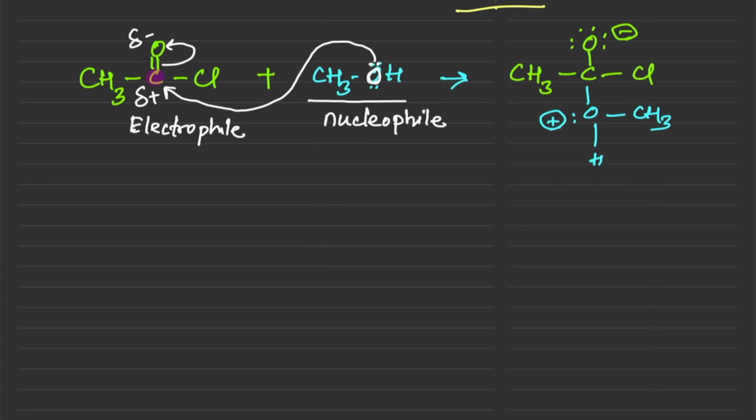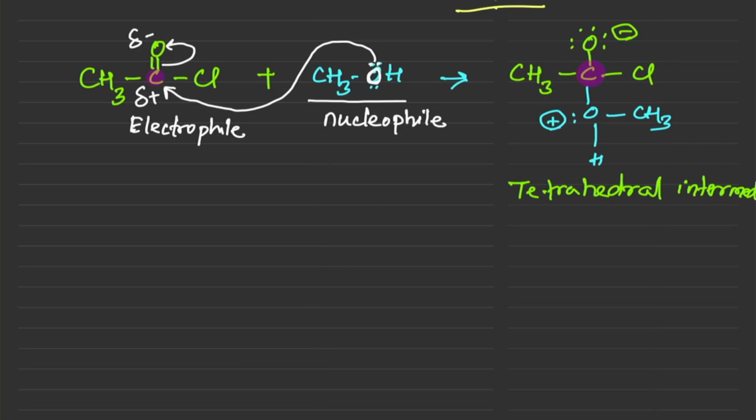So now you have created a tetrahedral intermediate. It is called a tetrahedral intermediate because the central carbon atom here is sp3 hybridized, and sp3 hybridized centers are tetrahedral in general.